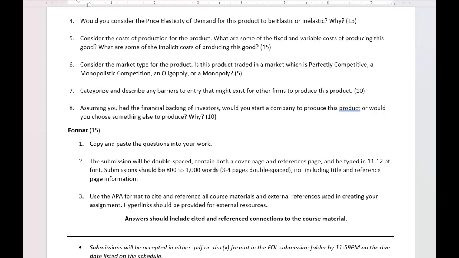So again, nothing extensive, but put a bit of effort into working through applying the things that you know to a real world situation, thinking of it from the point of view of a business owner or a potential business owner, and the ultimate goal is deciding whether I would want to compete in this industry or not, and why.